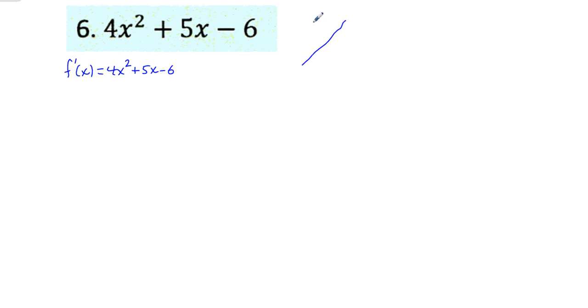So I'm going to go ahead and factor this function, and we have a is equal to 4, b is equal to 5, and c is equal to negative 6. So using the x method, AC we put up here is going to be negative 6 times 4, which is negative 24. And down here below we have b, and b is 5.